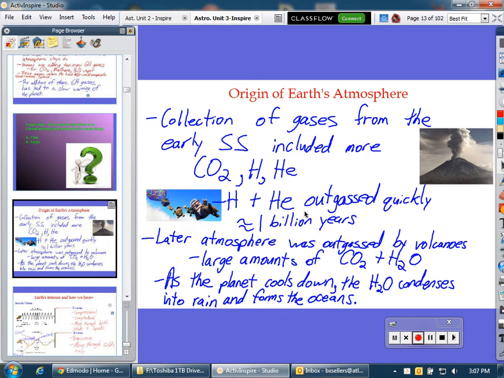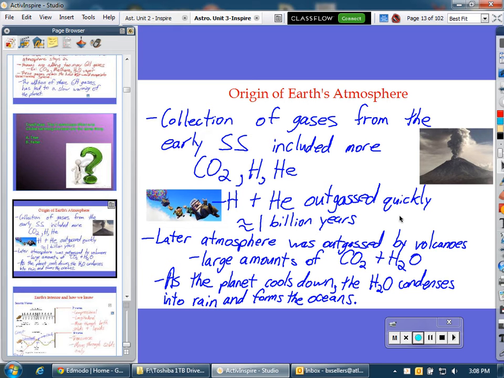However, those kind of settled down, because volcanoes weren't exploding by the gazillions. But it did spit out large amounts of CO2, which is what led the cyanobacteria to start converting that CO2 into O2 once life developed.